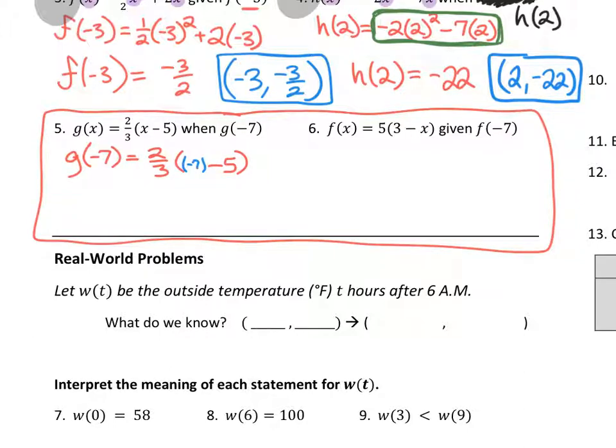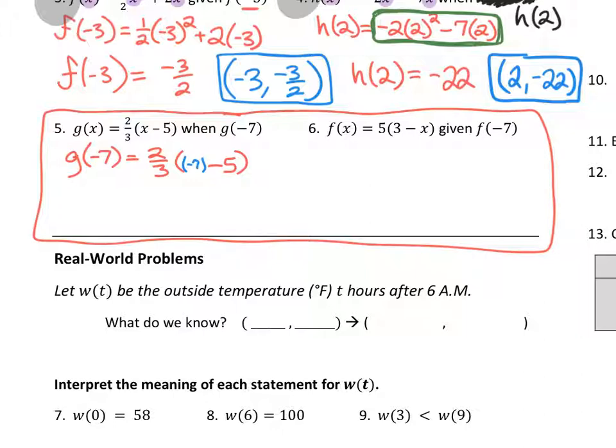So there is such a thing as double parentheses. That's allowed, and actually I need that to happen. So when we're doing this one, you've got to use double parentheses because there's already parentheses there, and I'm putting more in. So we always have to add more parentheses. Anytime you're plugging something in, I want you to plug it in parentheses.